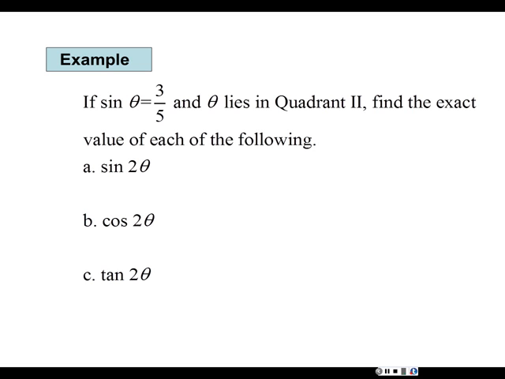Now, since we have these, can you try to find the other two, the cosine and tangent? In case of cosine it will be simple. What is the formula for cos 2 theta? Check your double angles. There is a formula for cosine, right?